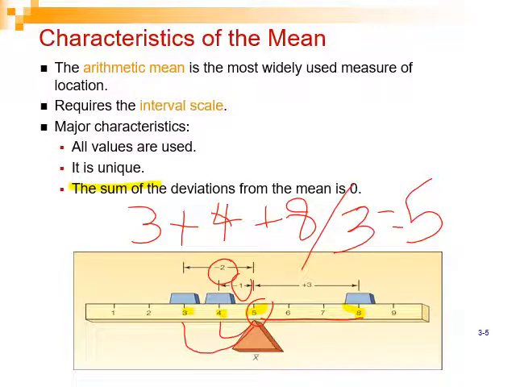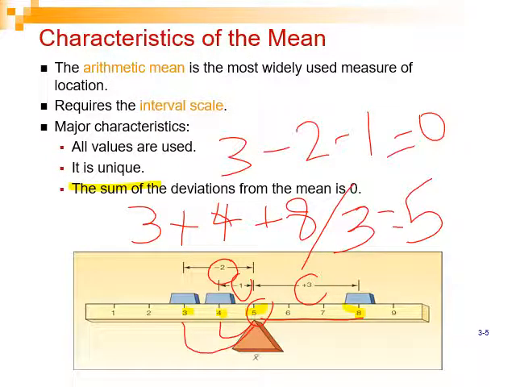Between 5 and 8 the difference is 3 in a positive direction, so +3. If we add 3 plus -2 plus -1, it equals 0.